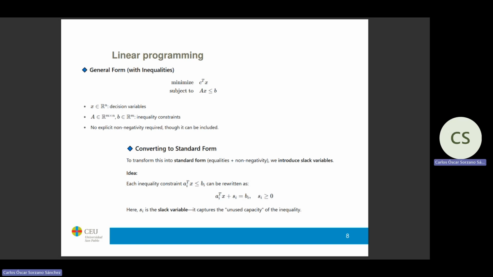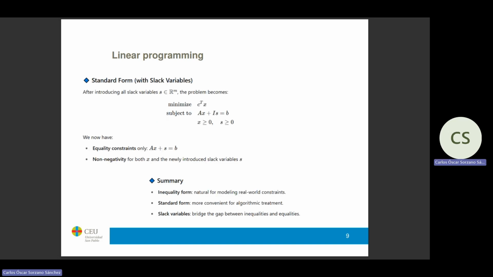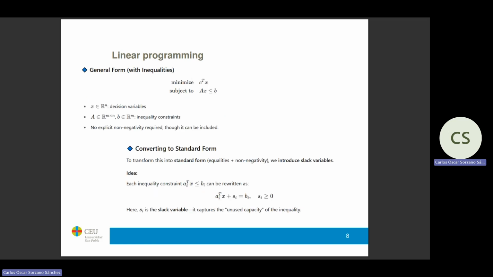Now I can rewrite my original problem in this way. I have to minimize the same thing as before, subject to my constraint. Before we had AX smaller or equal to B, but now with this S, the extra capacity that I'm not using, these 10 hours of machine that I'm not using, multiplied by the identity matrix, because in all these constraints the coefficient in front of S is 1.